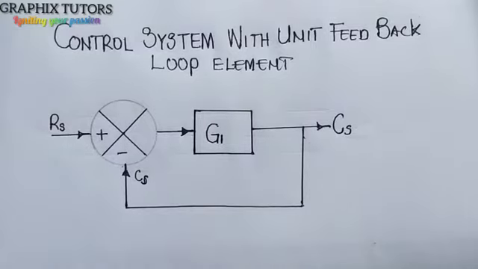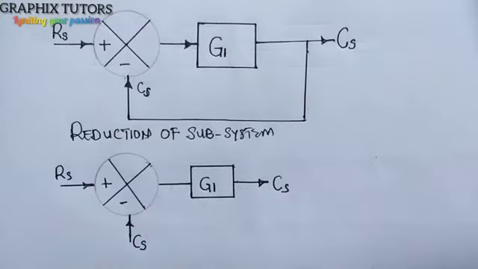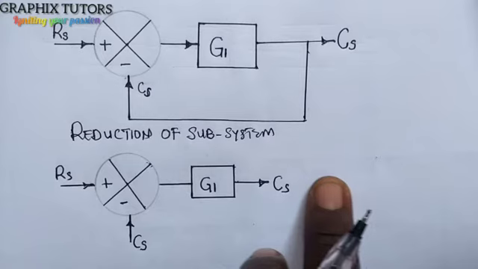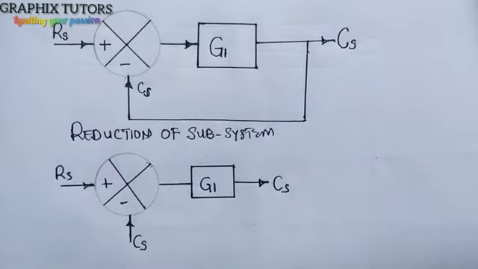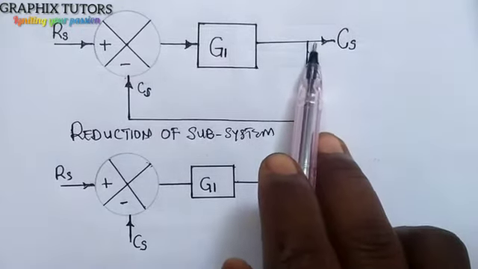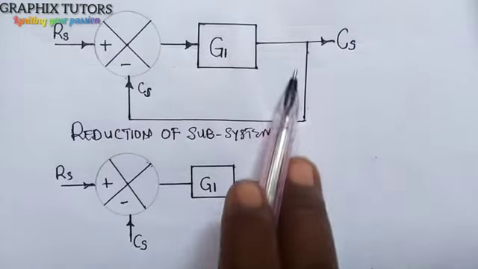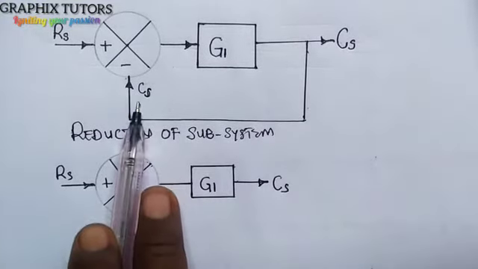So now what we'll do is, if I should redraw this again, I can have something like this. So we have this reduction of the subsystem. Now, this is having a feedback, so that means CS is coming in, like I showed you earlier.